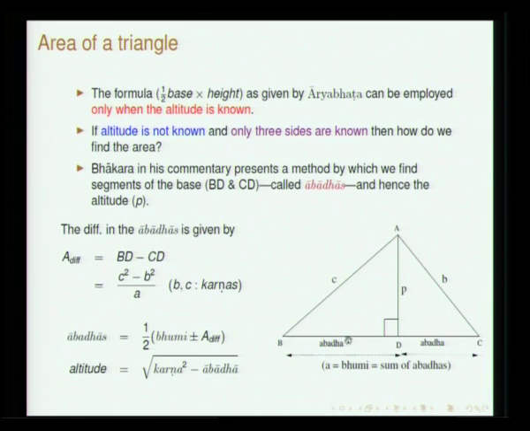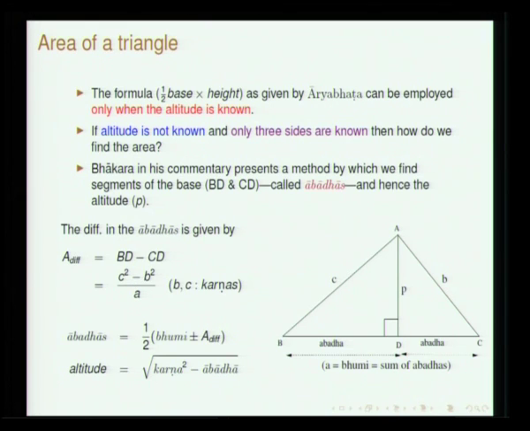First he gives an expression for the difference in the abadhas, BD minus CD. BD is one abadha, CD is another abadha. The difference is C square minus B square by A. This can be easily seen, and we have an expression for the difference in abadhas in terms of the sides of this. Okay.